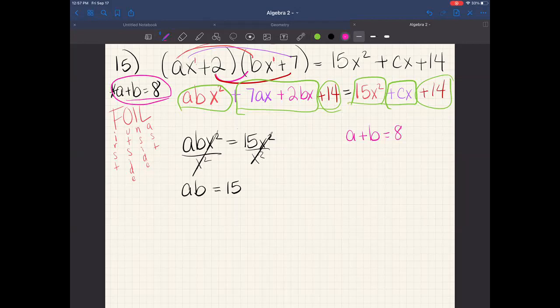Now, which letter do I want? A or B? I want A. So we're going to do A. It doesn't really matter. I'm subtracting B from both sides, and A is now equal to 8 minus B. Now I can take this value and replace my A with 8 minus B, times B, is equal to 15.